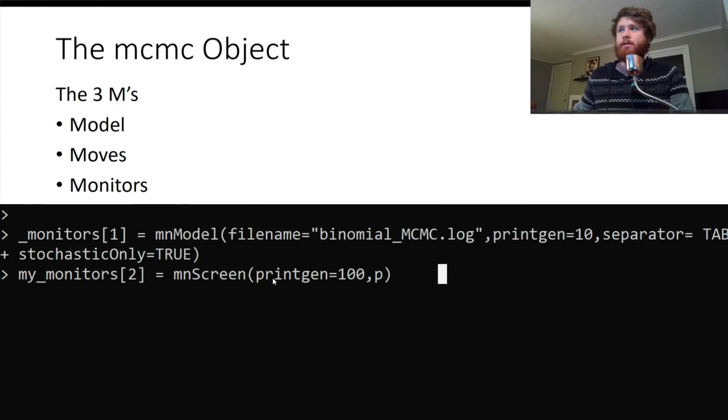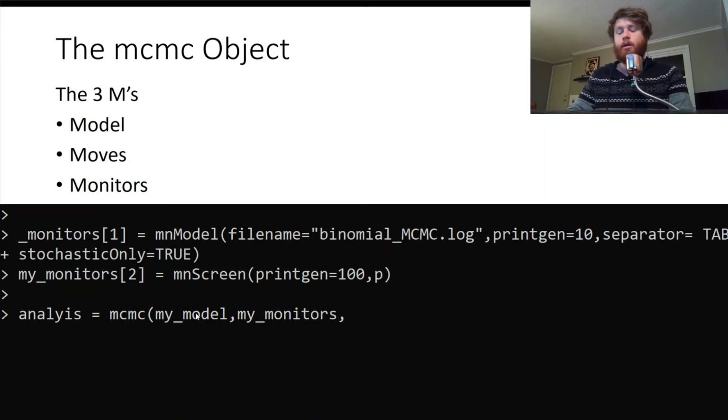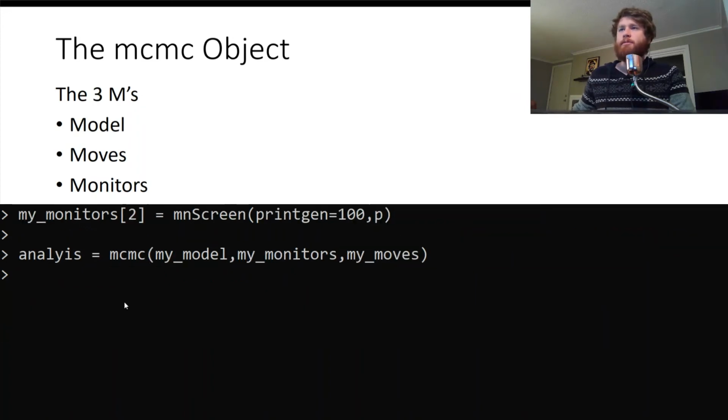So on this terminal here, it's going to print out some information about p, and it's going to do that every 100 generations. So those are our two monitors. To make our analysis, all we have to do is use the mcmc function with myModel, myMonitors, and myMoves. And now we have our analysis and our MCMC object.